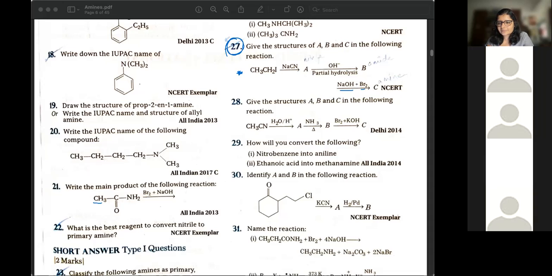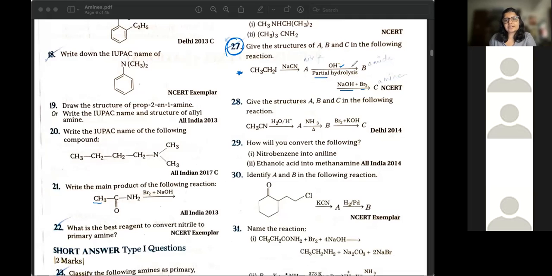Ma'am, on hydrolysis of nitrile, what do you get? Hydrolysis of nitrile, you get an amide. So this was in carboxylic acids. Check the reactions, like preparation of carboxylic acids. So you're doing a basic hydrolysis, OH minus. It's also specifying partial hydrolysis.